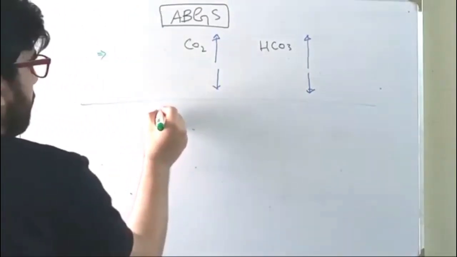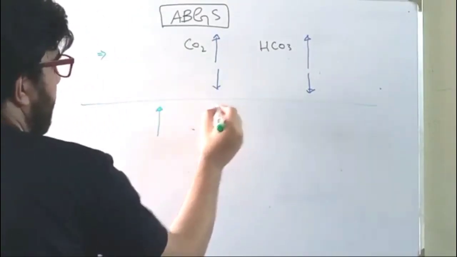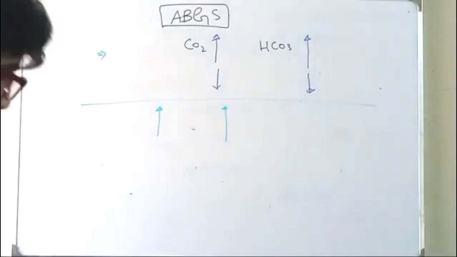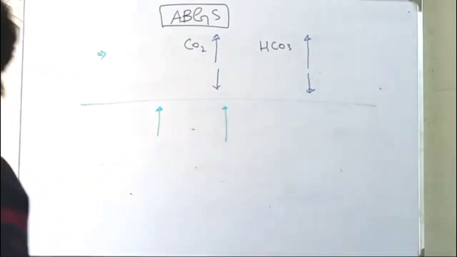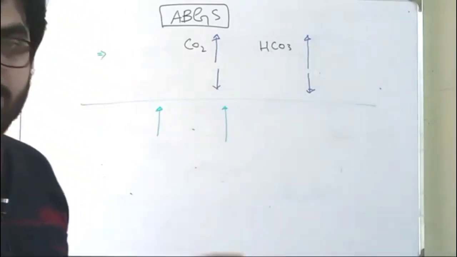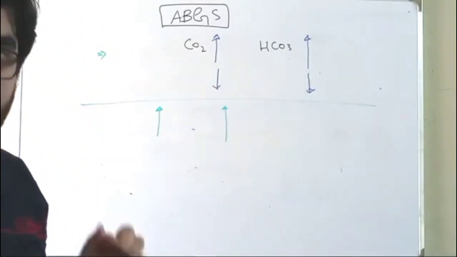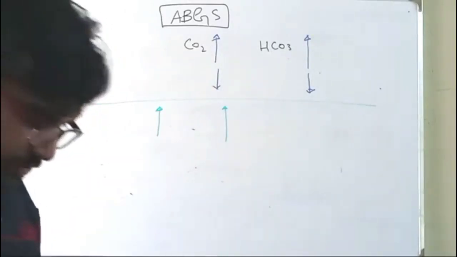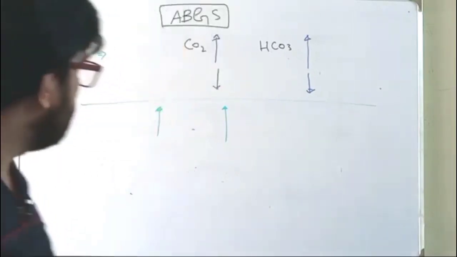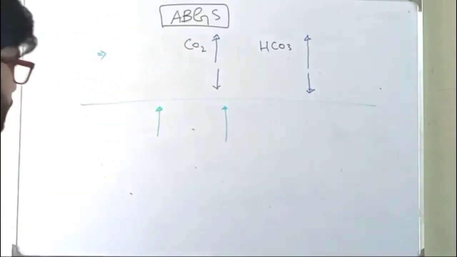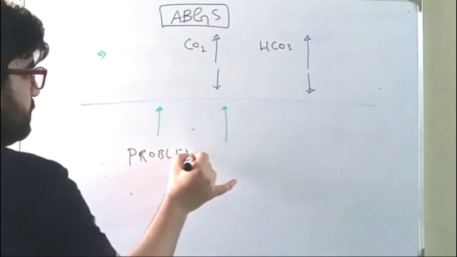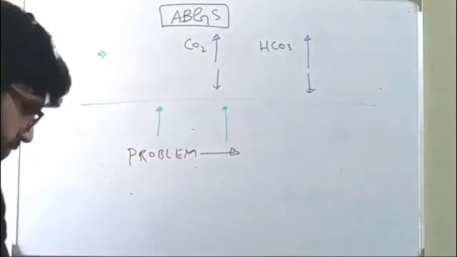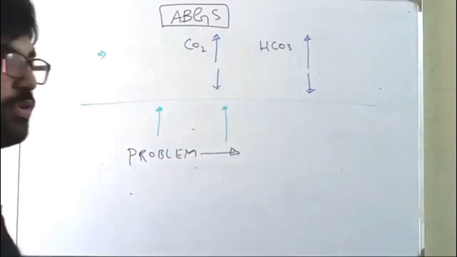Suppose both are moving upward. Now in this, one arrow is the problem, the other arrow is either the problem or compensation. So which arrow is the problem? We have to look at the pH.